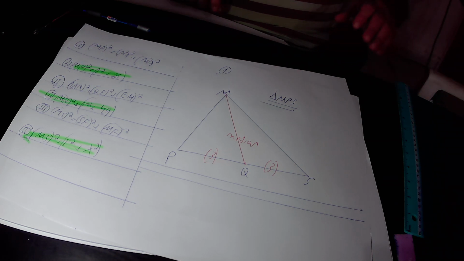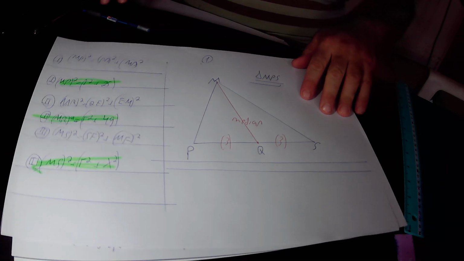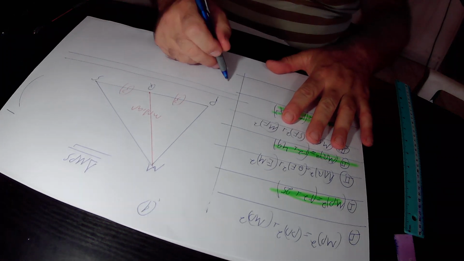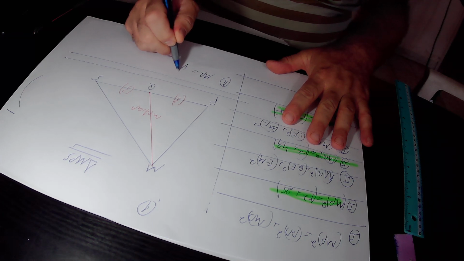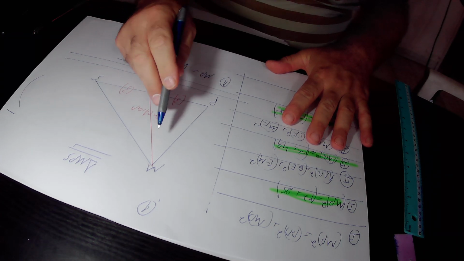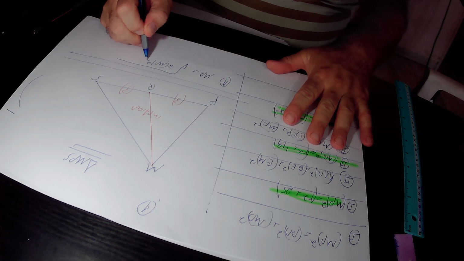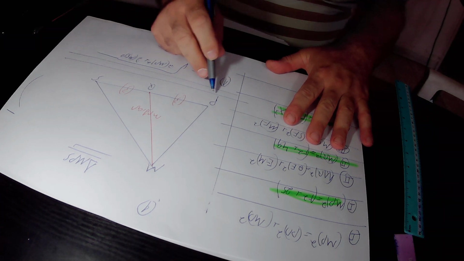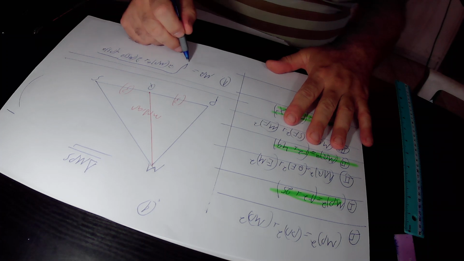According to the special formula, the length of the median MQ will be equal to the square root of 2 times MP squared plus 2 times MS squared minus PS squared, divided by 2.